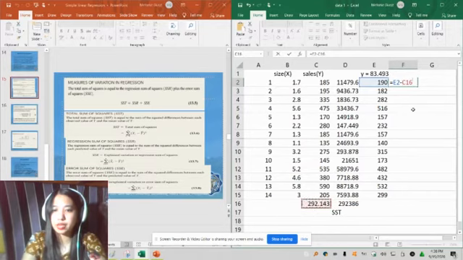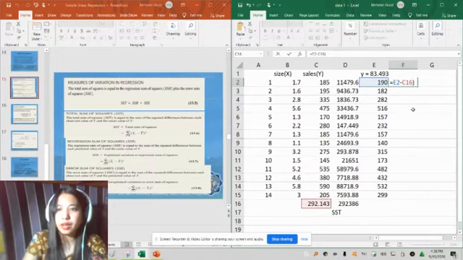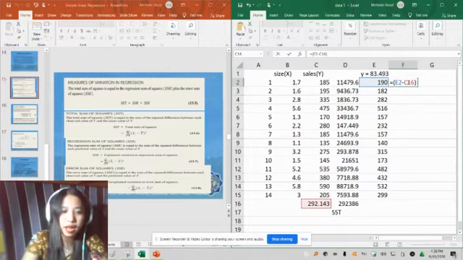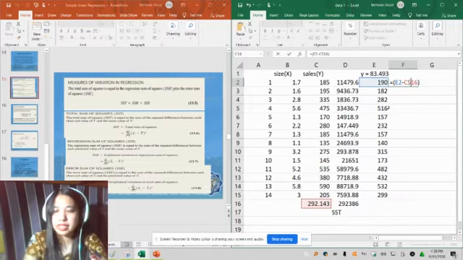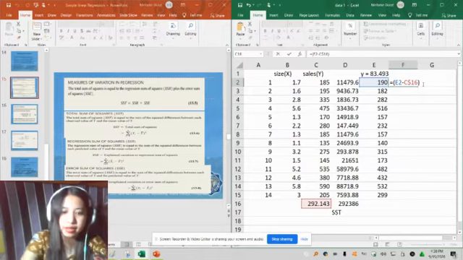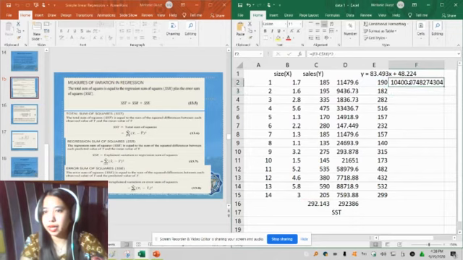This one, 292.143. Close parenthesis. Again, we have to place a dollar sign here because this is a constant for all of the cells from 1 to 14. And then raise to 2, so caret 2. And drag it.